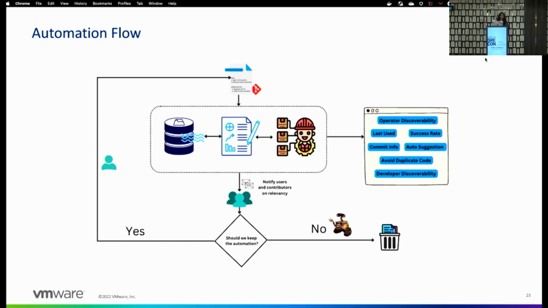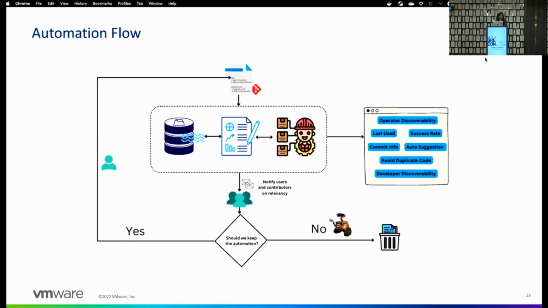It also derives some notifications. If the automation platform finds an irrelevant script, because it was not used in a year or so, or because it frequently failed in the customer SDDC, or was irrelevant for various other reasons like version or anything of that sort, it will send a notification to the contributors and the script owners.